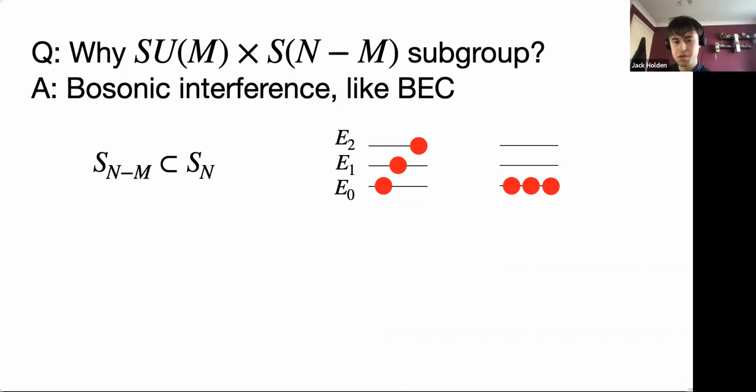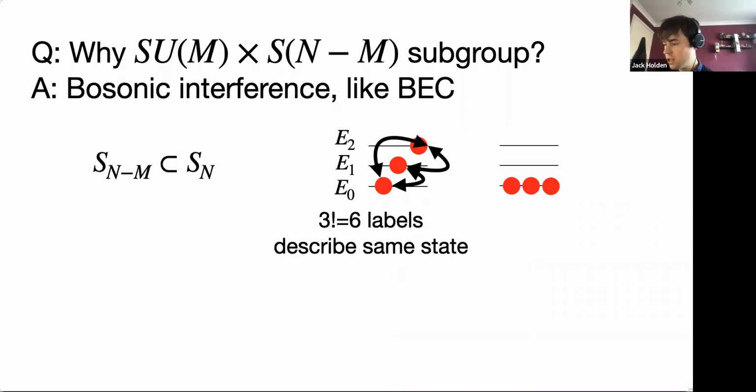In a Bose-Einstein condensate, bosonic particles are identical, and they have redundancy or gauge symmetry under permutation of the particles. So if a set of particles are in different energy levels, then labeling them is highly redundant, and we can project out to get the gauge invariant state.